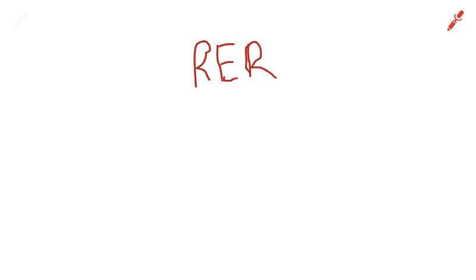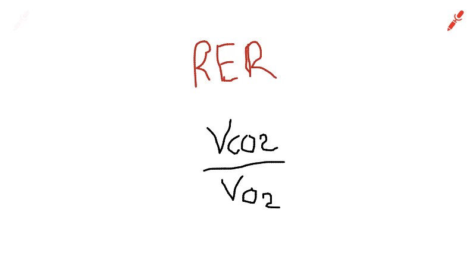This is a very simple number. It's a decimal from 0.7 to 1, and it's used as a quick glance to tell what fuel our body's using, whether it's mostly fat, mostly carbohydrates, or a mixture of both. To derive this number, they take your VCO2, how much carbon dioxide you're exhaling, divided by how much oxygen you're taking in.